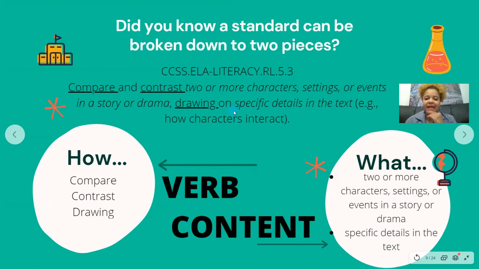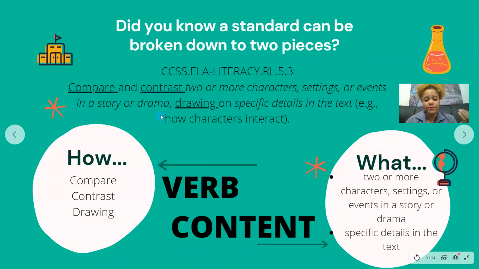So if you look back at the standard, what I've underlined is the verbs. For every standard, you want to focus in on the verb. The verbs are going to tell you the action, and this is important in a second. And then after you highlight your verbs, you then focus on the content or the skills.